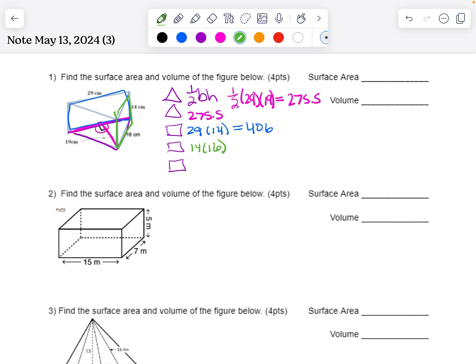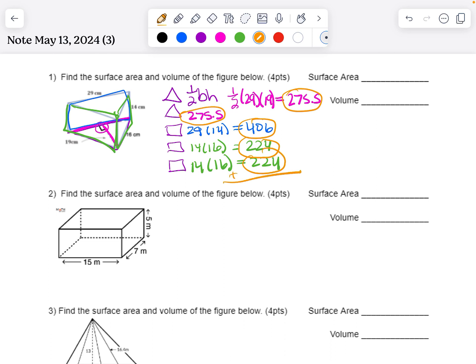This one over here is also 16 by 14. So we're going to add up this, this, and this, and we're going to get 1,405.